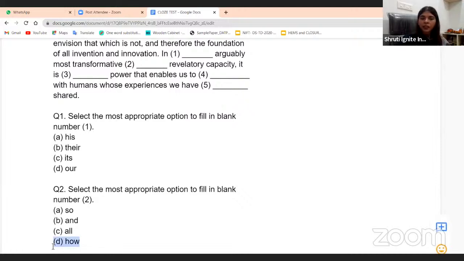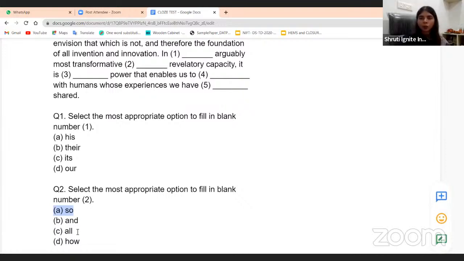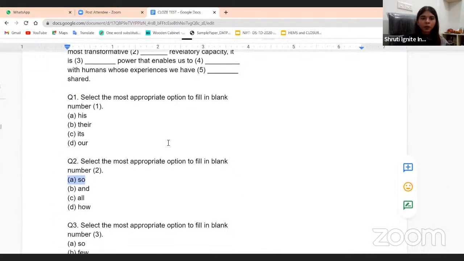How does not make sense in this option. So "how" does not make sense. And "and" makes sense. Arguably most transformative and revelatory capacity.